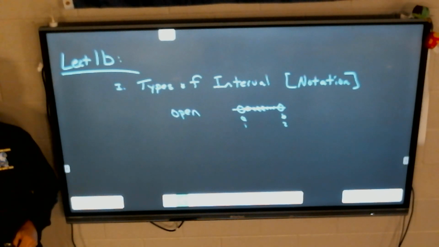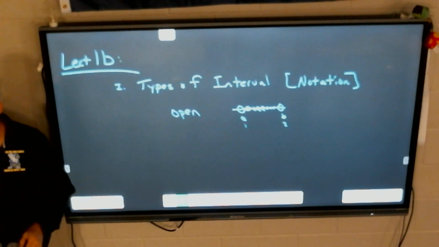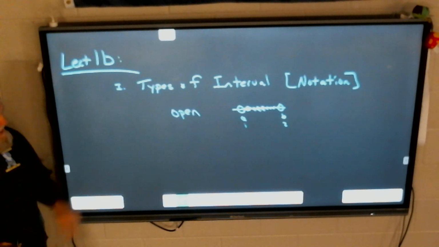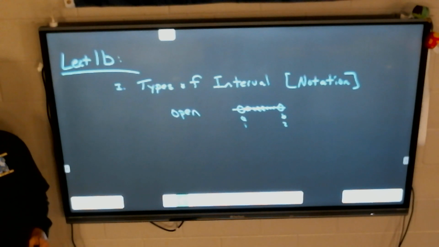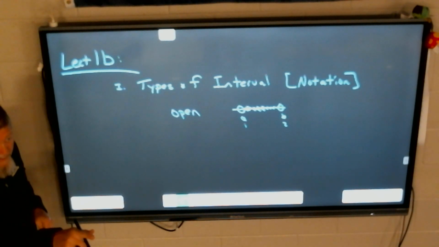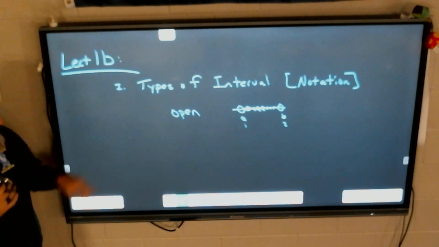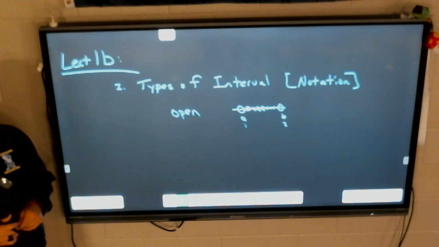I'm rusty right now. I'm looking at my Algebra 2 students going, I know I taught you this. What does it mean when it's open? It keeps going. No. Good guess, though. Appreciate the guess. It doesn't keep going.